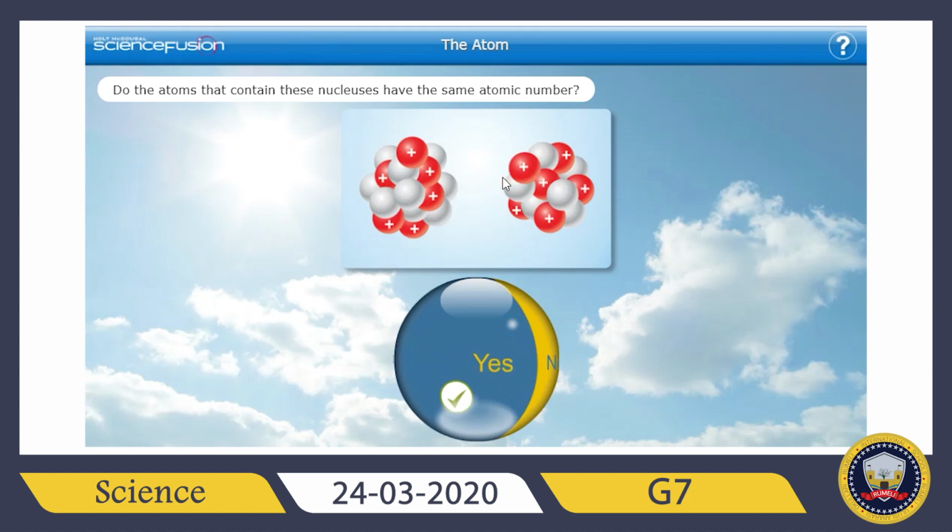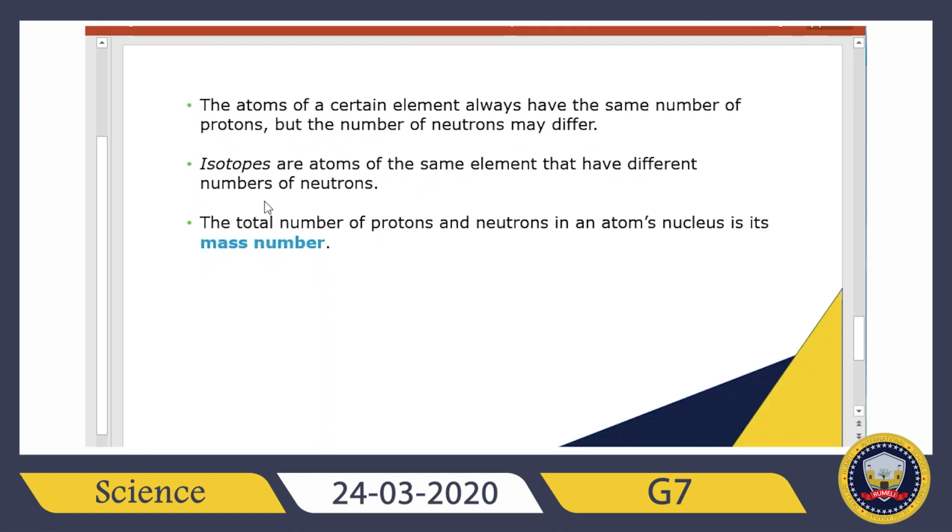Both are carbon atoms, both are the same atoms, but their mass number is different. So we call these types of atoms isotopes. Isotopes are the atoms of the same element that have different numbers of neutrons.